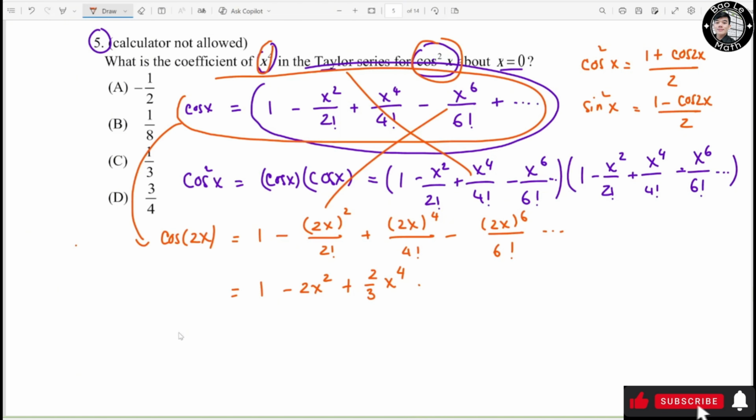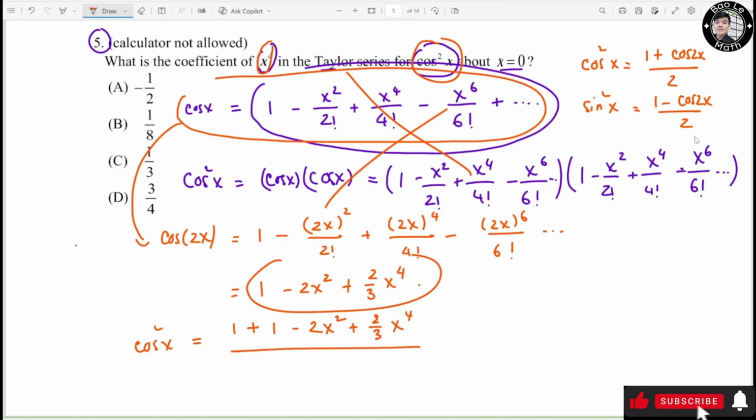So I have cosine squared of s equals 1 plus cosine 2s, which is this one right here, divided by 2. 1 plus 1 is 2, divided by 2 is 1. Negative 2 divided by 2 is negative s squared. And 2 thirds divided by 2 is plus 1 third s to the 4. Now the coefficient of s to the 4 must be 1 third. The answer must be C.